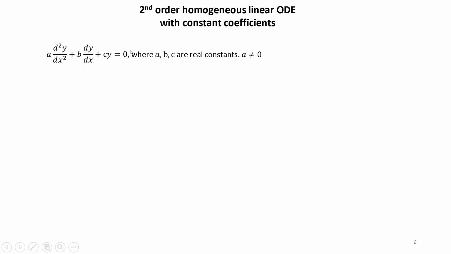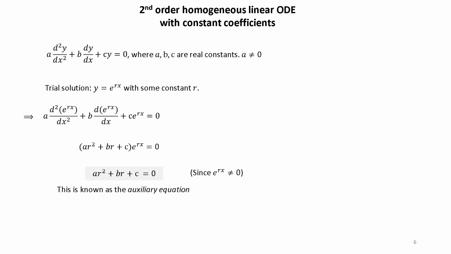The idea is that we assume the solution takes the form of this exponential function, and then the job becomes just finding R. Once you find the appropriate value of R that can solve this ODE, then you are done.